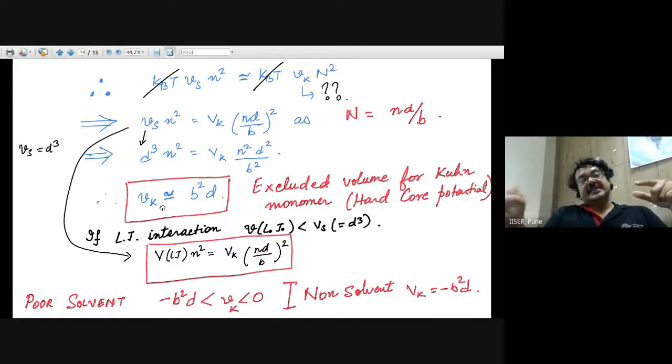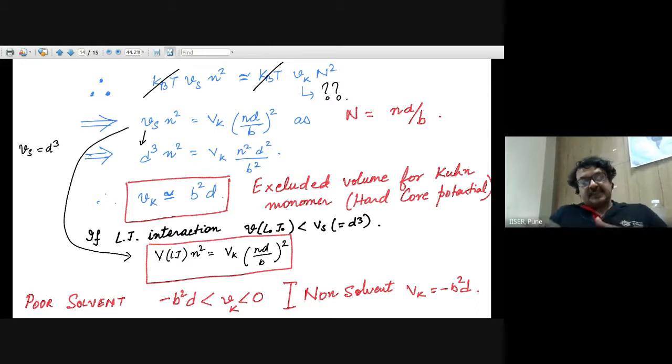So it's a much higher volume than what you would get if you just considered the volume of the cylinder. Now, if you had Lennard-Jones interaction, then of course you can't replace Vs by d cube. But this relation would still hold, and from that you can calculate the volume of the Kuhn segment, replacing this V by the excluded volume with a Lennard-Jones interaction instead of a hardcore potential.